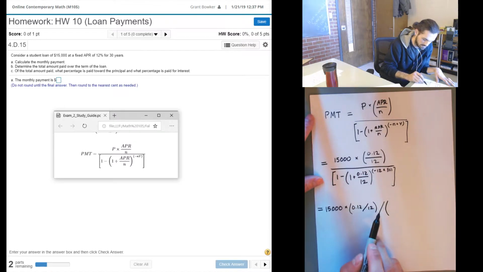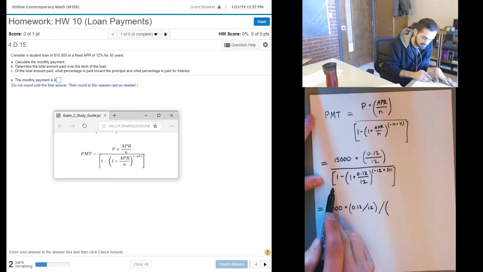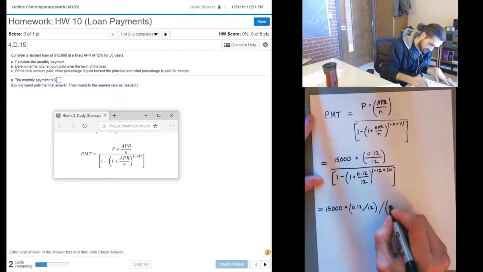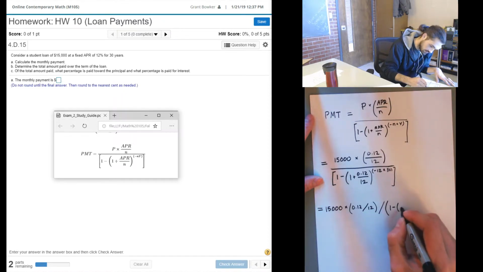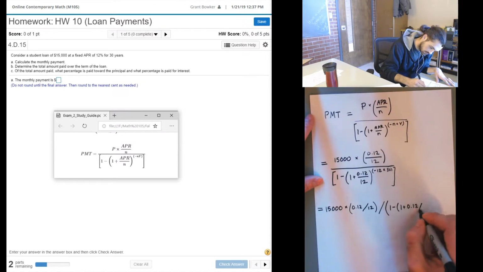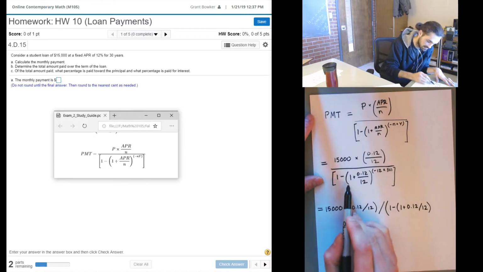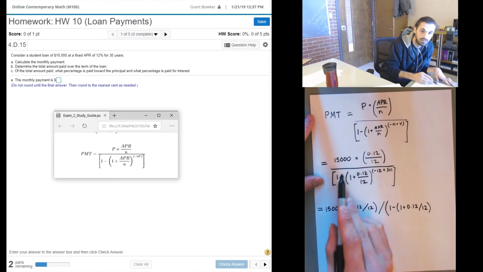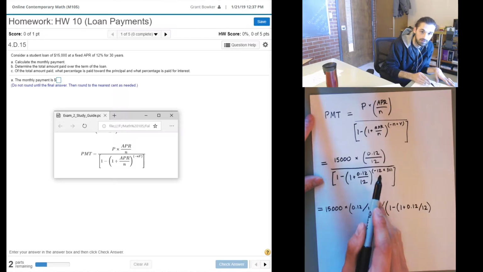So I'm going to divide by left parenthesis to start this bracket, 1 minus another left parenthesis, 1 plus 0.12 divided by 12. That takes care of this piece in parentheses. And now on to the exponent.